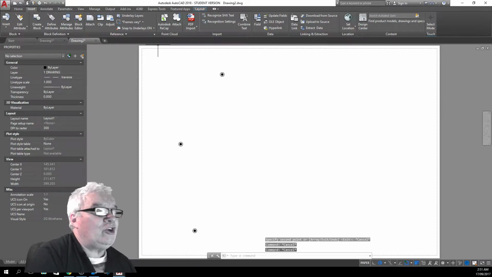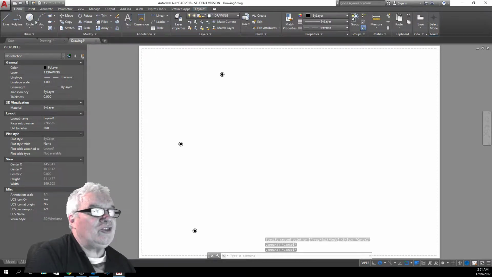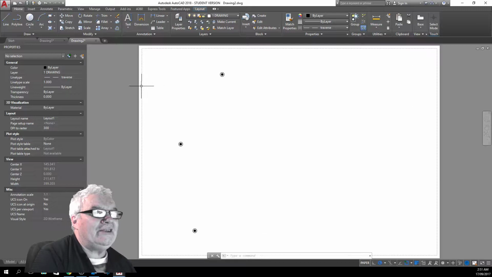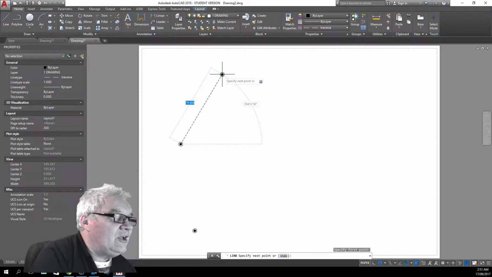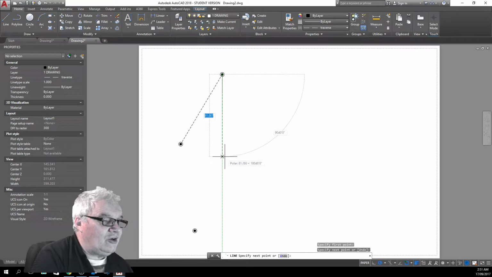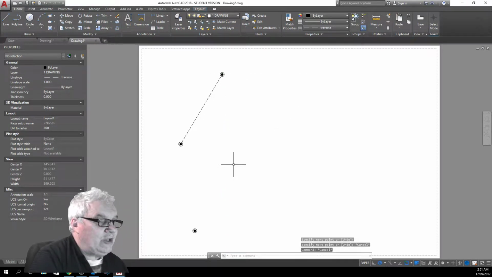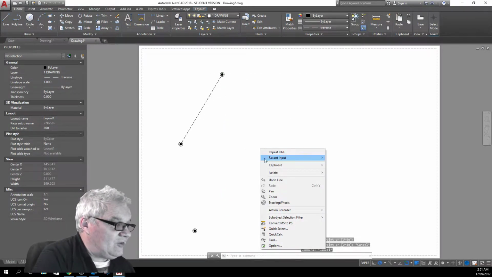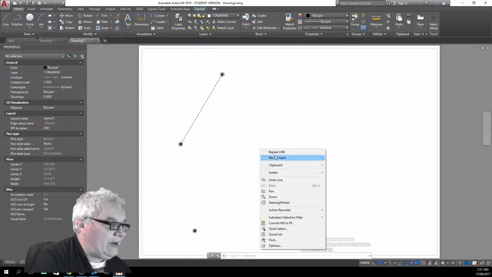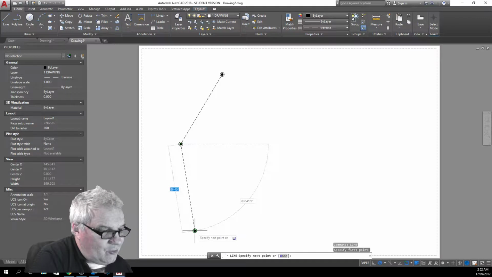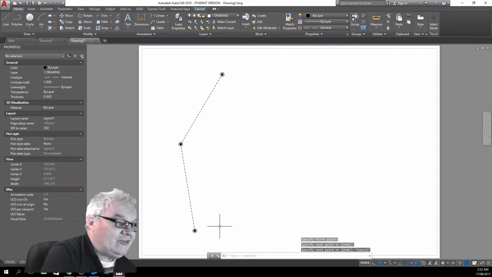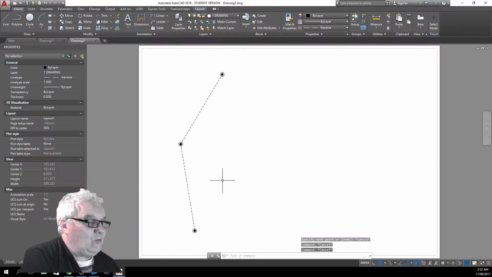Then usually we measure a line between the 3 old marks. I'll draw that as a dotted line, which I've given the line name of traverse, because that means it's been measured and observed. So there's our 3 old marks.